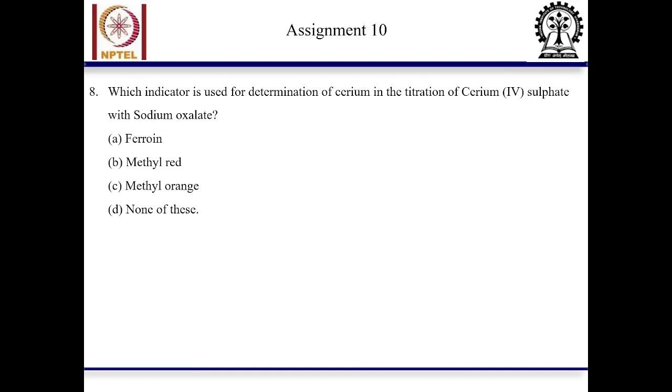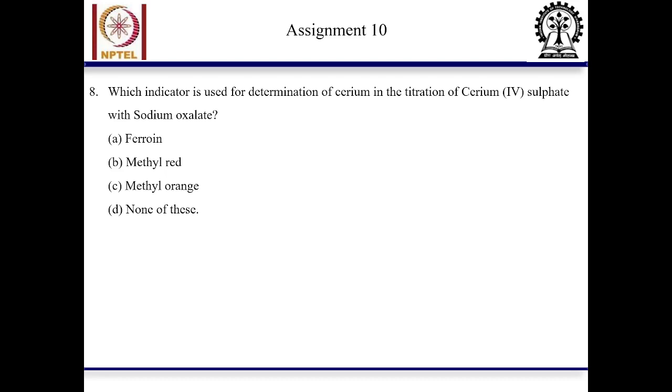Now the question: which indicator is used for the determination of cerium in titration of cerium 4 sulfate with sodium oxalate? Now this again comes back to lecture number 46. I have already told you what the redox indicator is, and I told this indicator in one of the previous lectures also.